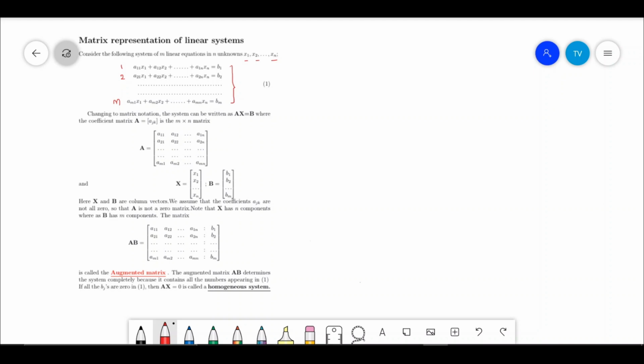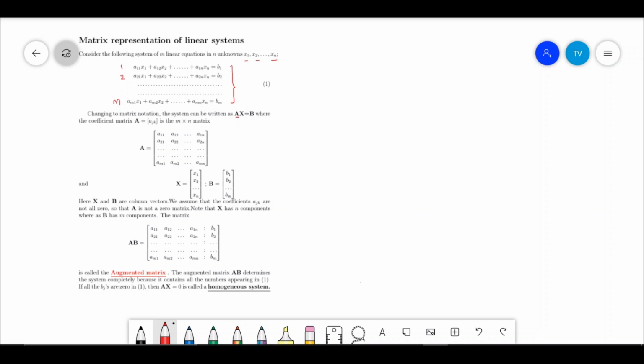Now we can write these m linear equations in n unknowns in matrix notation. In matrix notation, this system 1 can be written as AX equal to B in a very simple way, where A is the coefficient matrix given by A is equal to a11, a12, etc., a1n, the coefficients of x1, x2, etc., xn from the first equation.